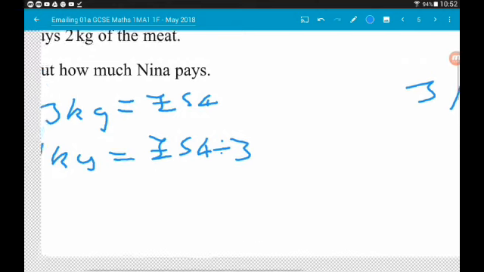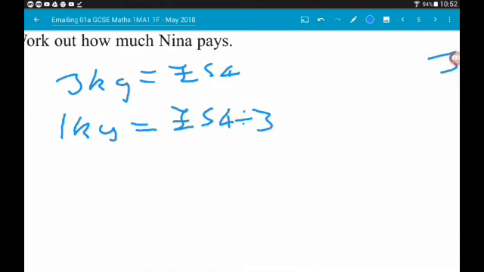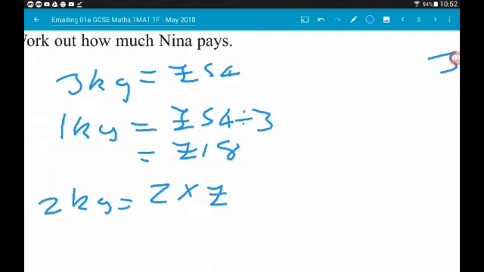So 1 kilogram of the meat costs 18 pounds. So 2 kilograms is going to cost 2 times 18 pounds, which is 36 pounds.